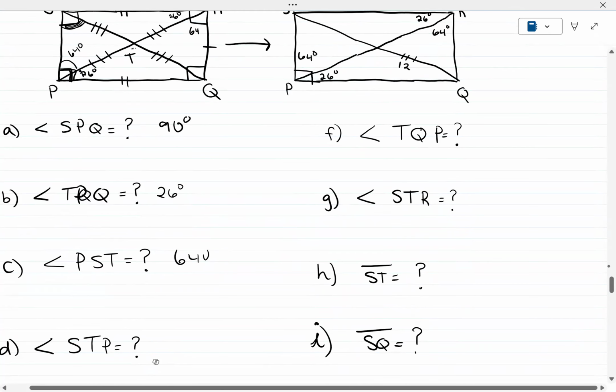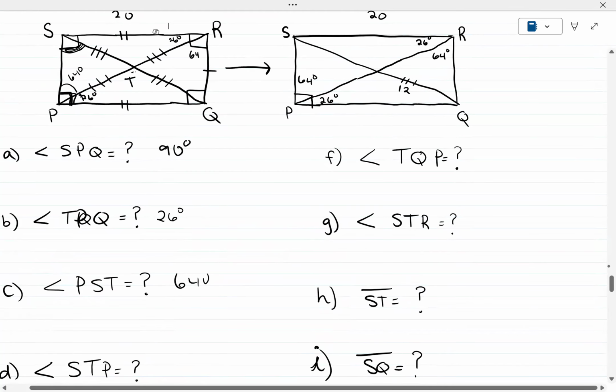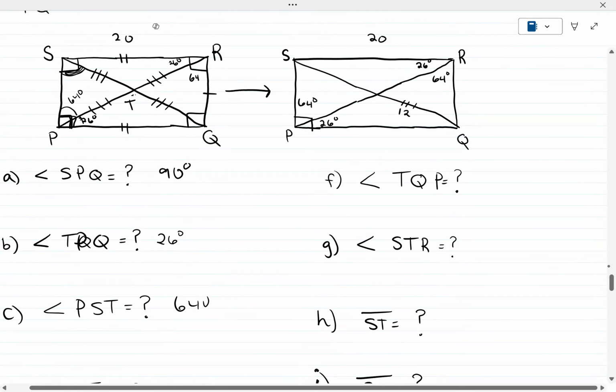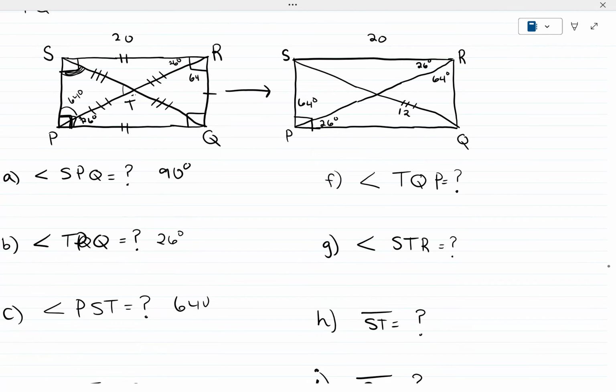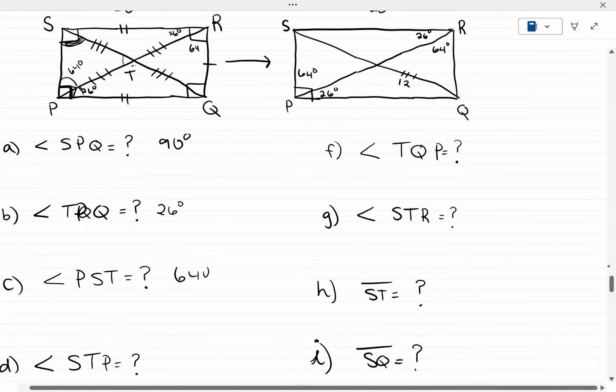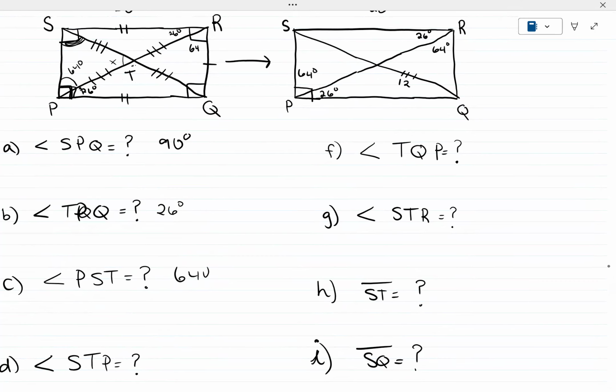Okay, what about D? Angle STP. So they want this angle here. We're going to have to use our triangle. We know the sum of a triangle adds up to 180. I don't know what this angle is, so I'll call it X. I know that this angle is 64, and this angle here is 64 because we just found that PST is 64 degrees.